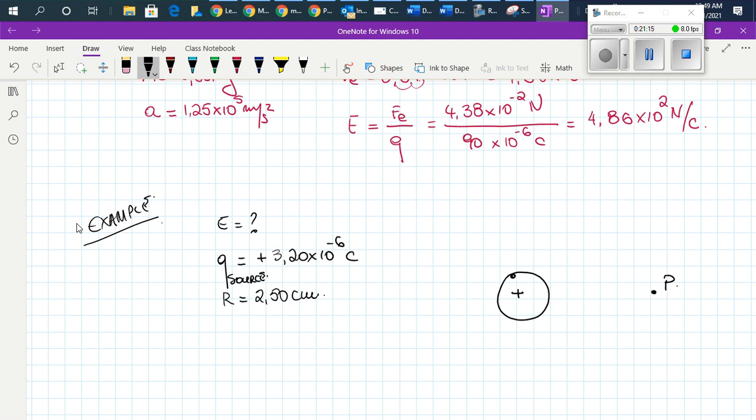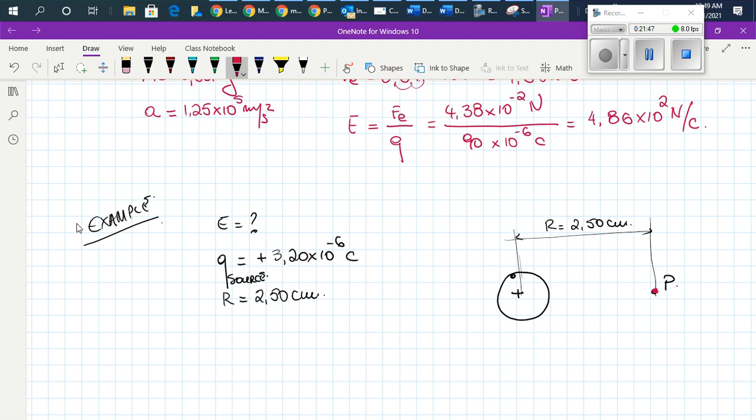The distance between the center of the source and the point is 2.50 centimeters. What you have to imagine are those steps: you're placing at point P a test charge, which is always positive. So now the electric field strength at this point will be, or the interaction is what? Attraction or repulsion?